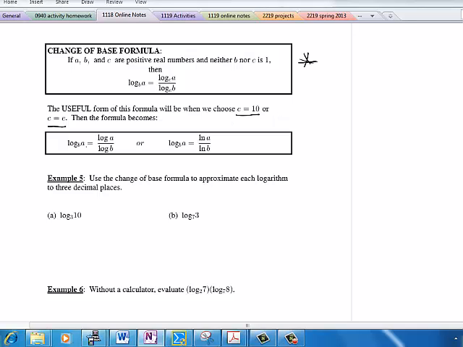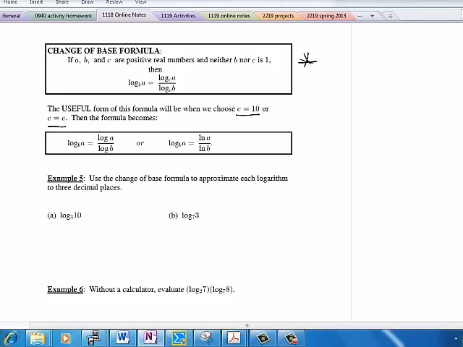So if log base b of a is given, if we want to evaluate it on our calculator, we can do log base 10 of the input a divided by log base 10 of the original base b, or we can do log base e of the input a divided by log base e of the original base b.